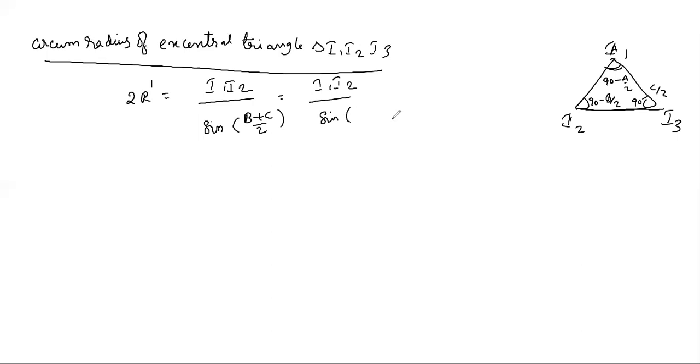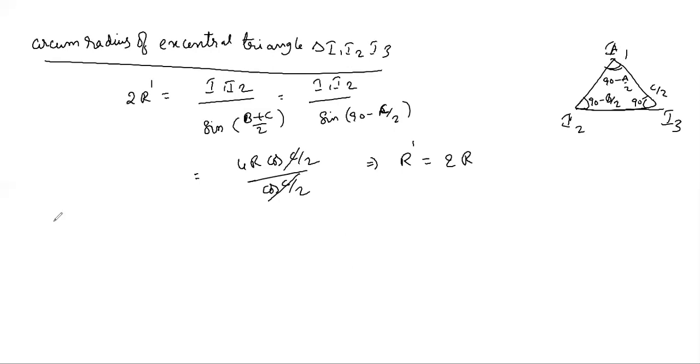The side I1 I2 we already know is 4R cos C by 2. The opposite angle is 90 minus C by 2, and sin of 90 minus C by 2 is cos C by 2. Cos C by 2 cancels, so 2R dash equals 4R, R dash equals 2R.